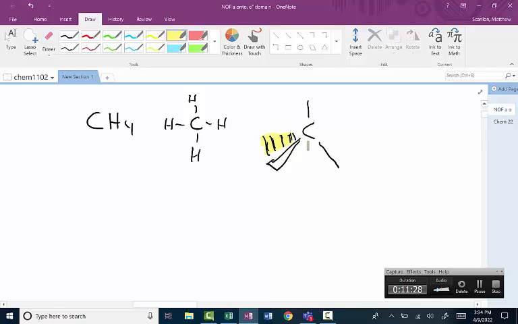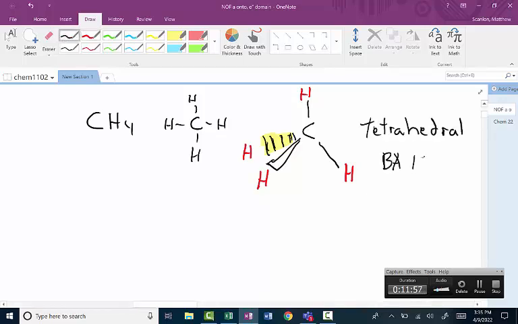They're just showing that the electron group is down and behind the plane of the paper. So I put my hydrogen on, a hydrogen here, and a hydrogen here, and this is called tetrahedral. Bond angle on these is 109.5.